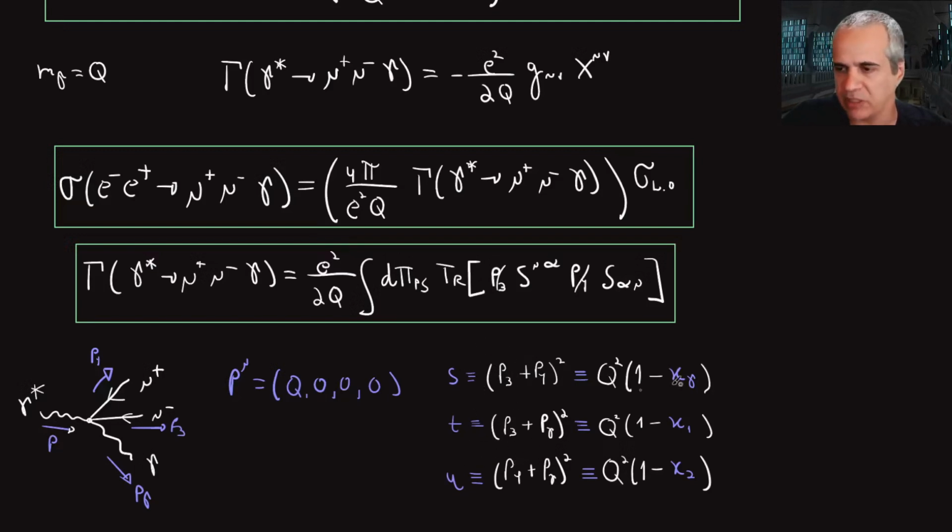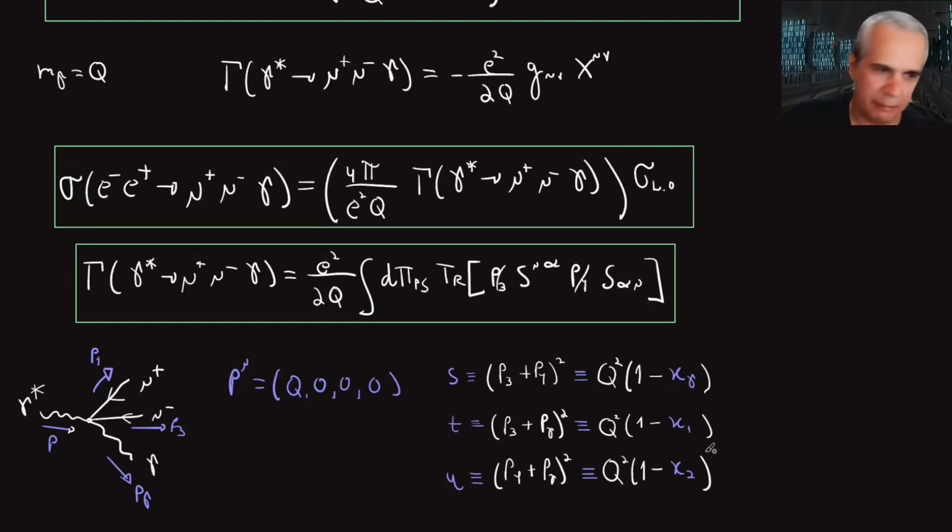More importantly, these X's defined on the right are the usual thing people use to do the phase space integration in this case, because these variables, which are related to the fraction of the initial energy each of the final states is carrying, are very useful.